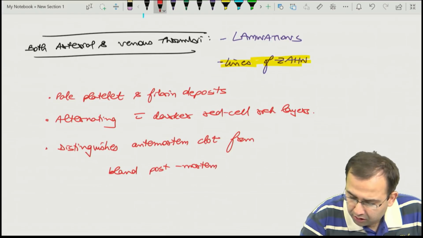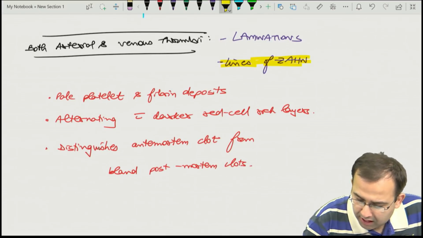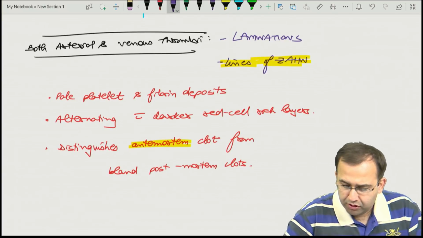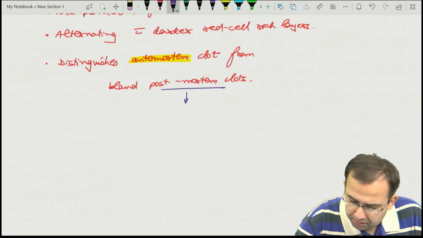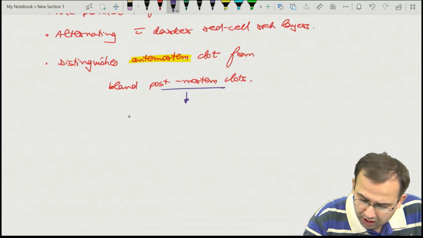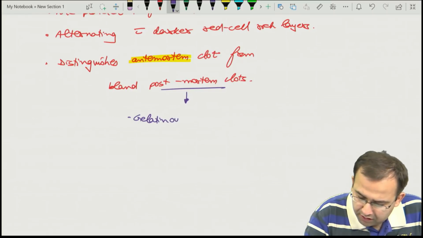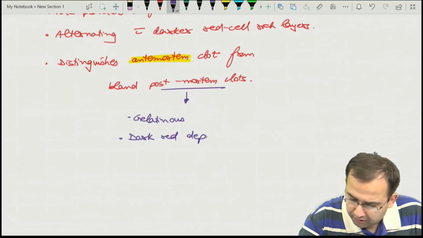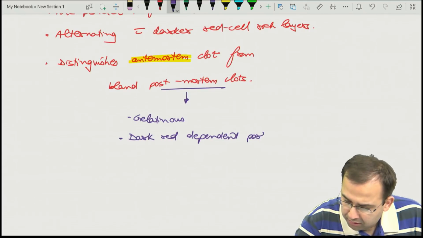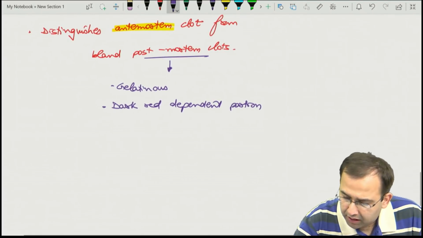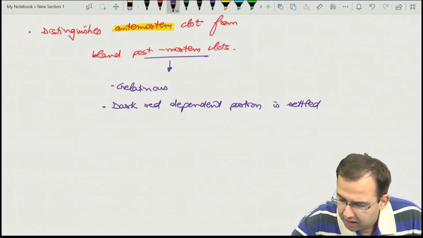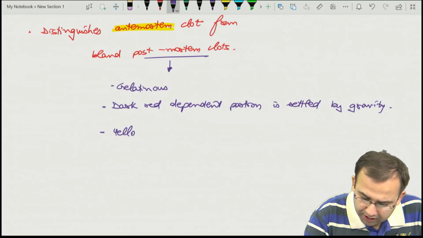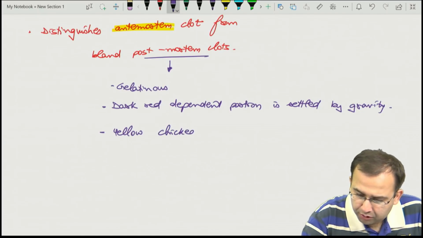So antemortem clots show the presence of lines of Zahn, versus the postmortem clots, which are gelatinous in nature, and the dark red dependent portion is settled by gravity, leading to the presence of a yellow chicken fat upper portion.